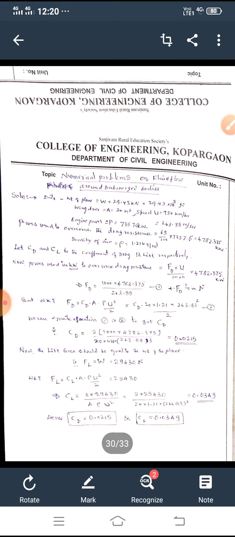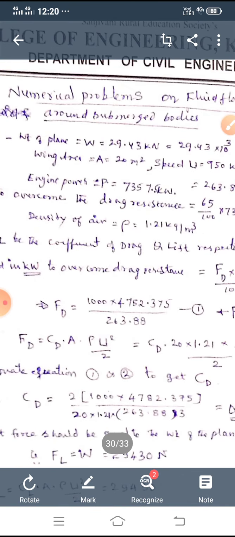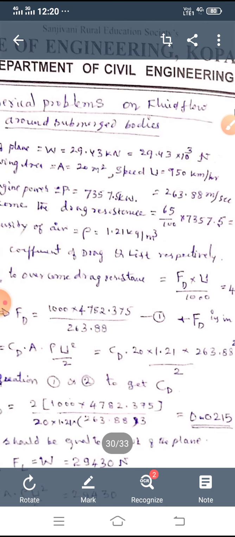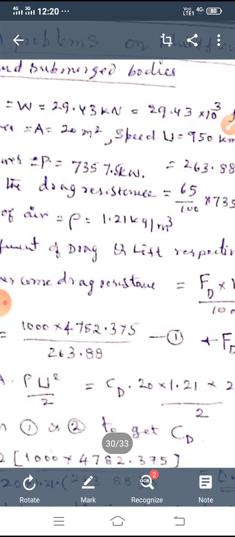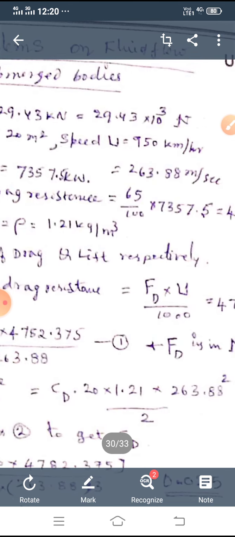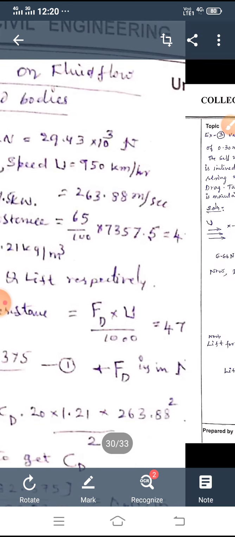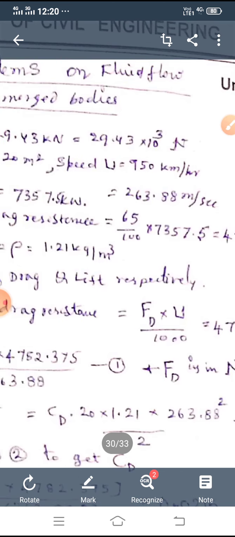Solution. Very easy. Data you can write in the form of symbols. W is equal to 29.43 kilonewton, that is 29.43 into 10 to the power of 3 Newton. Area A is equal to 20 meters squared. Speed U is equal to 950 km per hour.